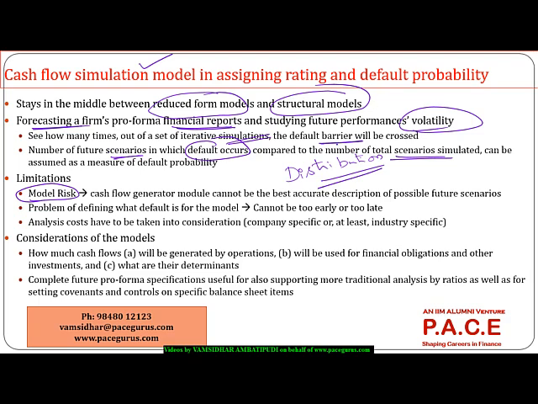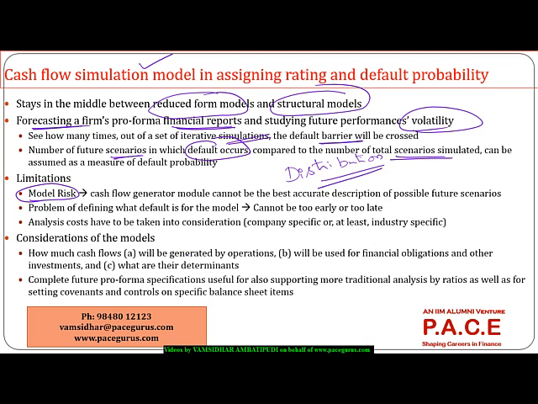Now, what is that default barrier? To what extent I am comfortable in defining the default barrier is also a big question mark. I can't set it too early or too late. So determining an apt default barrier is very important. Along with that, the costs also need to be taken into consideration. So that's where the entire cash flow simulation model, though it might be a good model, has some limitations that come out of it.